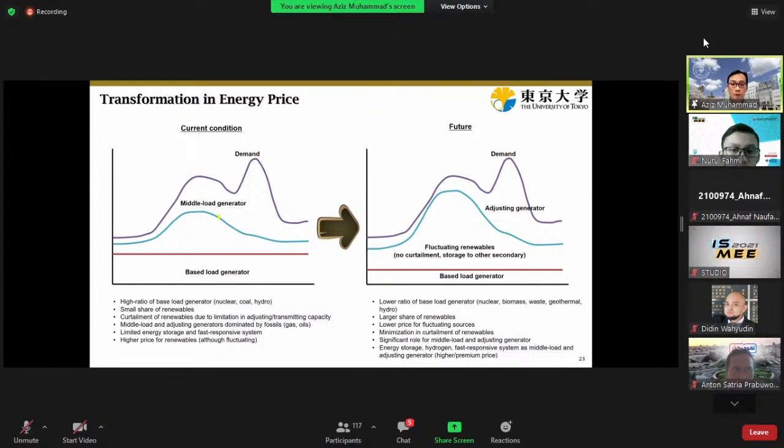Because of these grid limitations, the electricity cannot be transferred, and the wind farms in the northern part of Germany are curtailed, or some of them basically don't operate anymore.